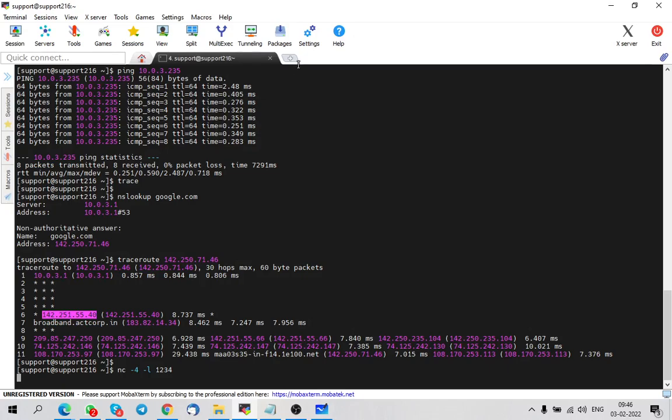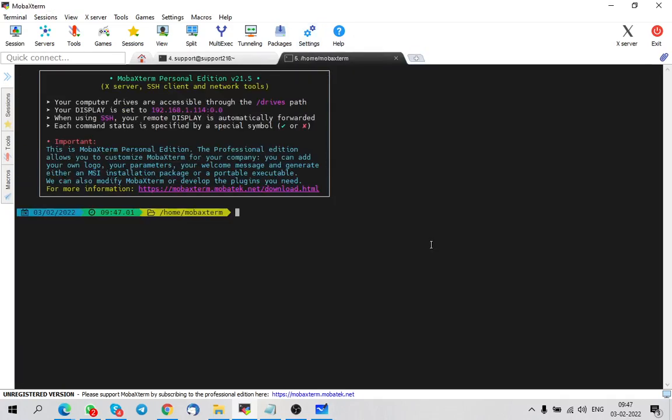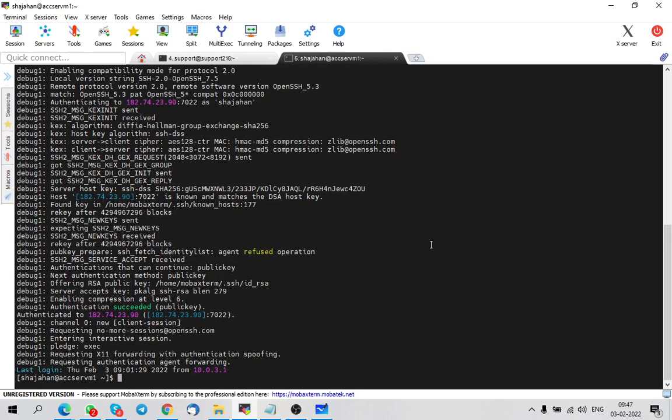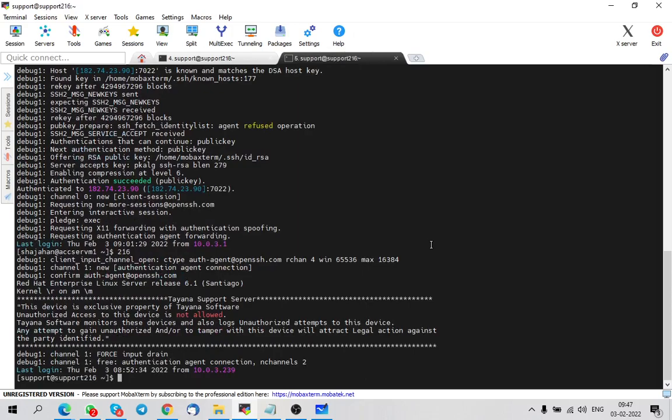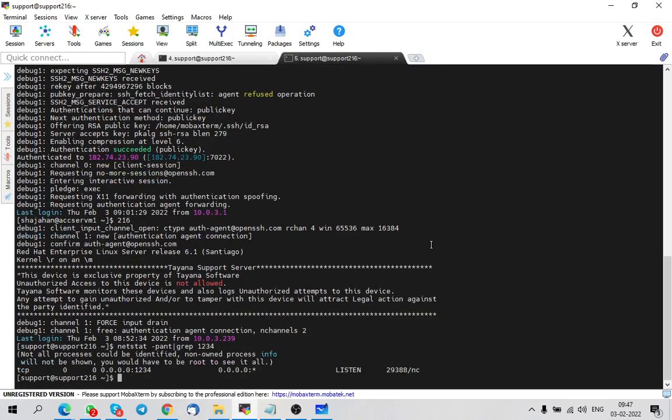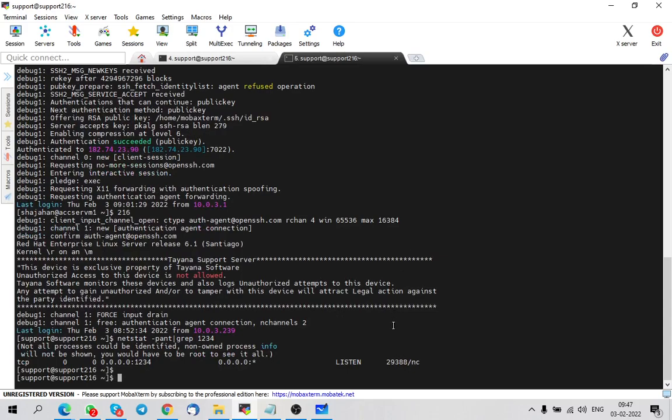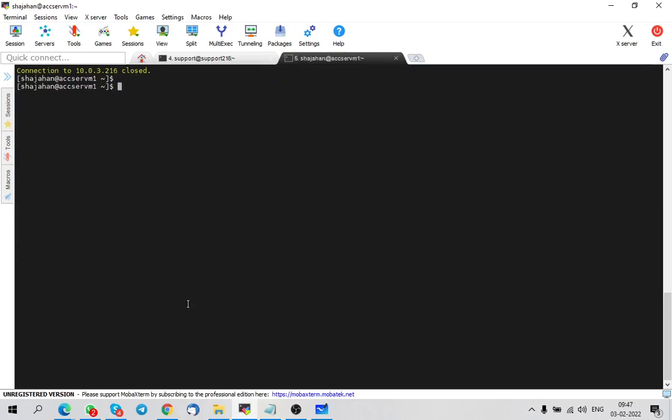Okay, so if you open another terminal and check, we can see whether it is listening or not. See, we can see that it is listening on that port. Now from this server we identified that it is listening. But from another server, if we don't have access to that server, how do we know that it is listening?